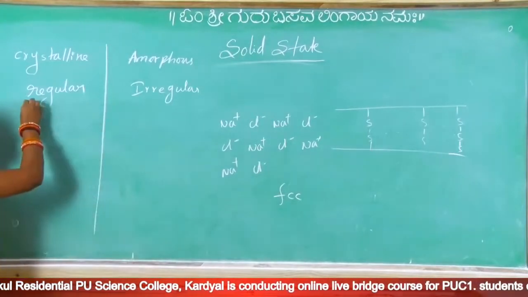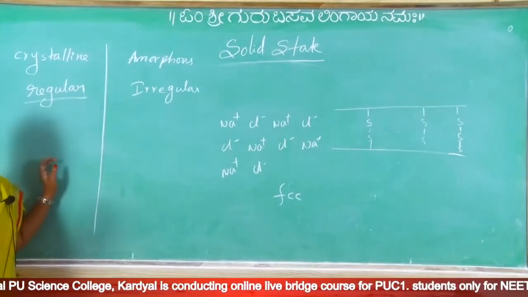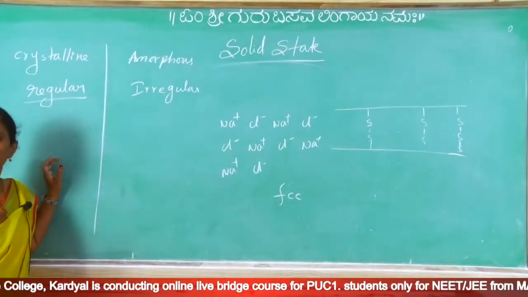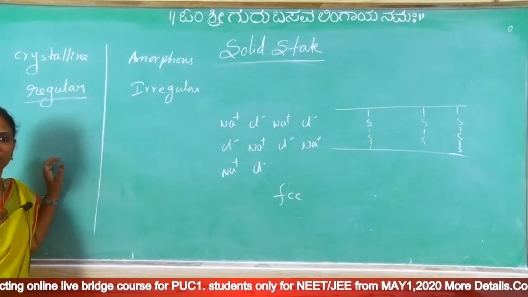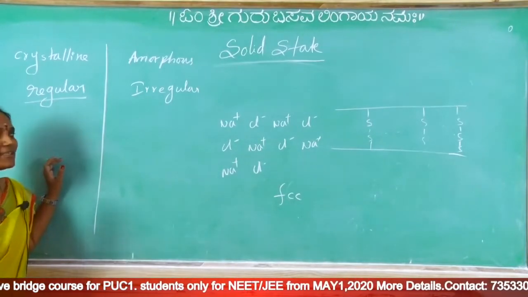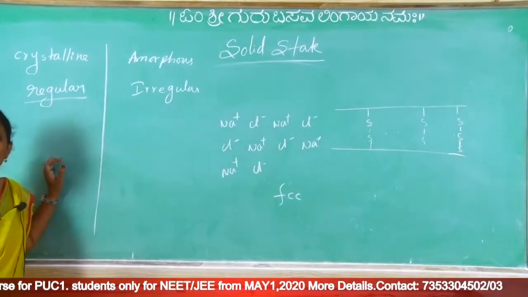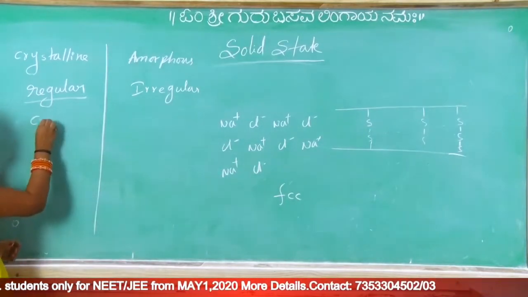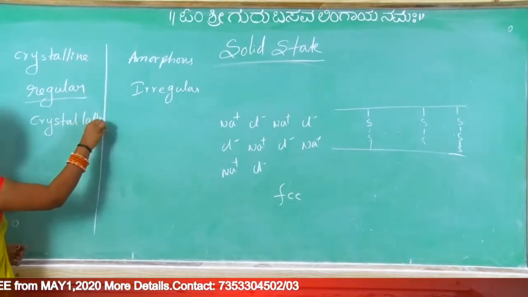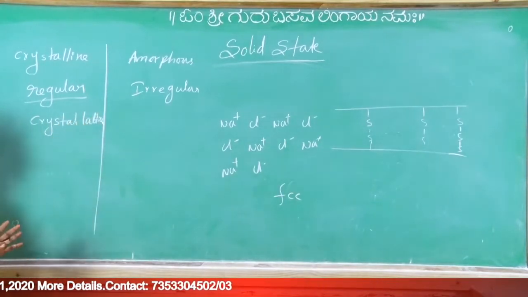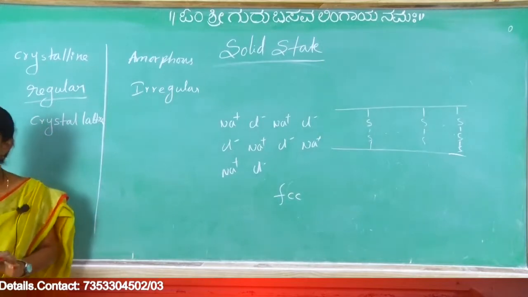Because of this regular arrangement we are getting exact shape. Instead of shape we can use geometry, instead of geometry we can use structure. Instead of all these three, in this chapter we are using one more new word, the crystal lattice. So all crystals have a definite crystal lattice.